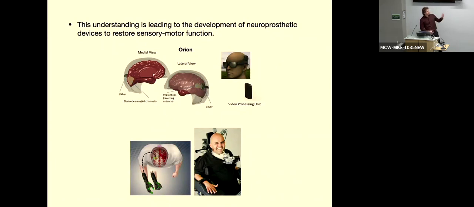In this case here on top, it's a system where there's a camera on those sunglasses-looking thing, and the camera transforms the image into a pattern of electric signals that stimulates the primary visual cortex, and that produces a sensation of vision in someone who lost their vision. There's actually a video online. You can see someone who became completely blind, and using this system, they can actually drive a car in a parking lot. There's also motor prosthetics where someone who is completely paralyzed can control robotic arms just by thinking about moving.